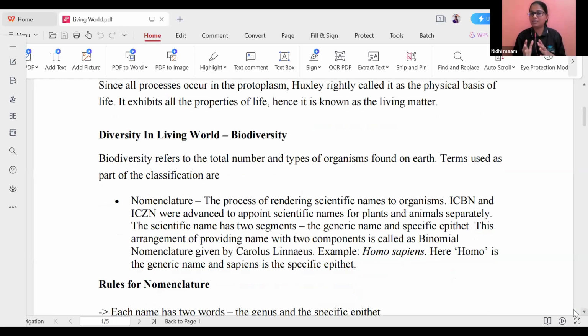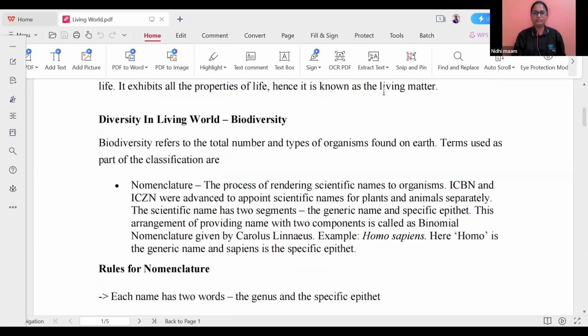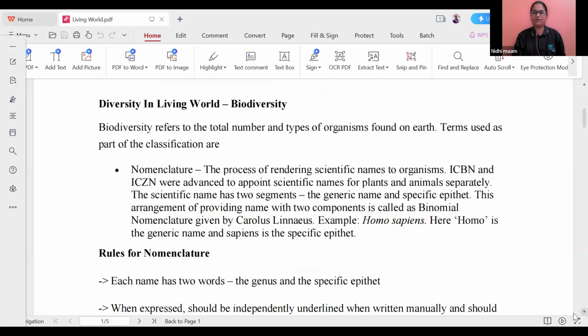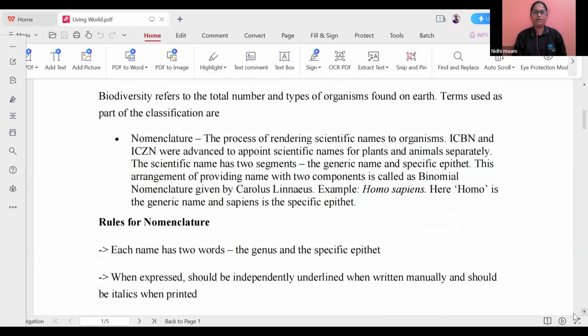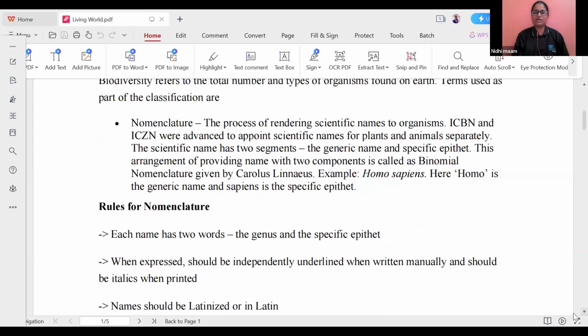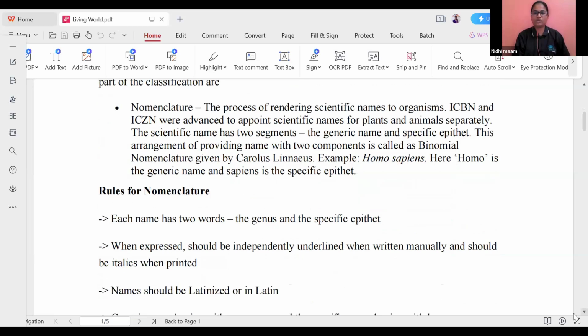Not only in animals, in plants also you can see a variety of living organisms found on the earth, which is called biodiversity. In biodiversity, we get a term named nomenclature. NEET questions will include it. Nomenclature: the process of rendering scientific names to organisms.